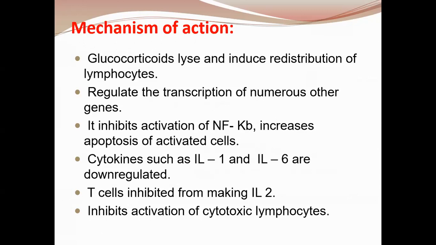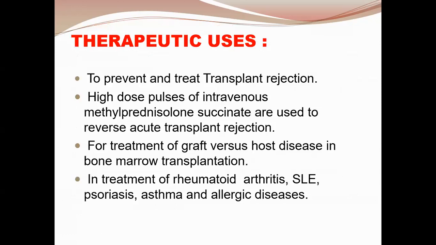Okay, so we are giving the corticosteroids to prevent the cytokine storm, especially the IL-6, which is expressed in the corona pandemic. So the T cells are inhibited from making interleukin 2, and these glucocorticoids or corticosteroids also inhibit the activation of cytotoxic lymphocytes.